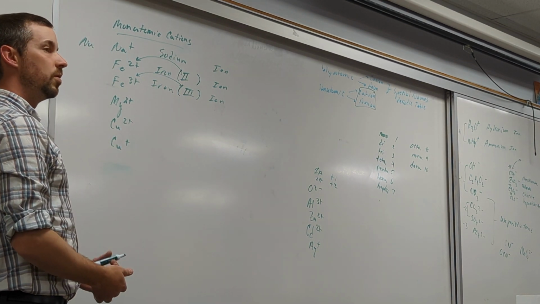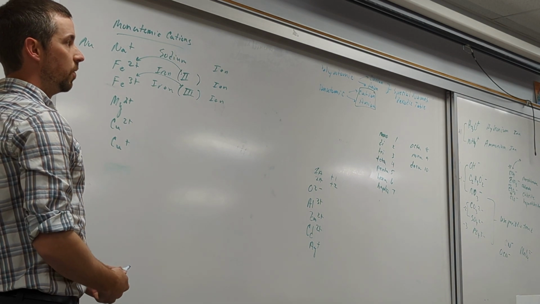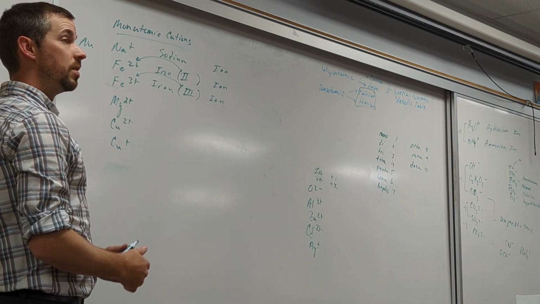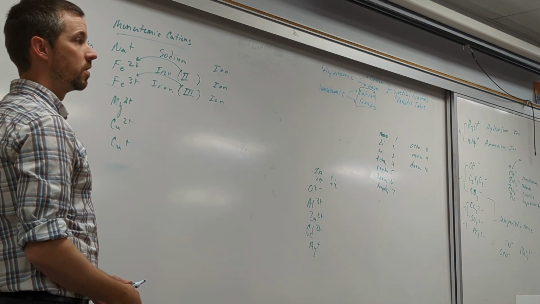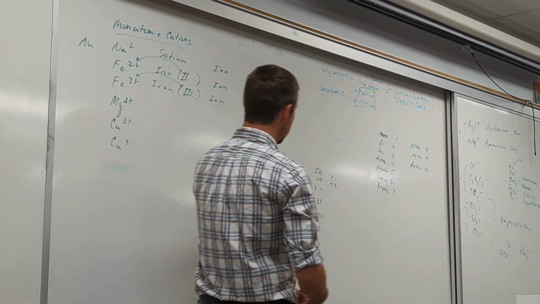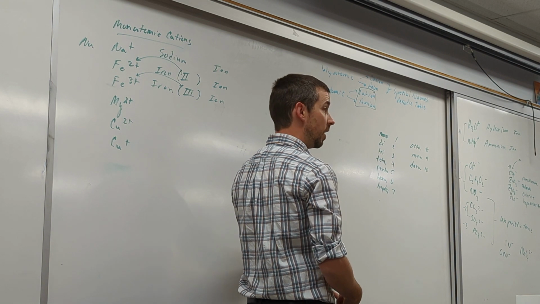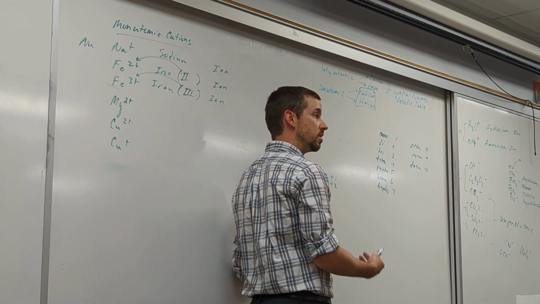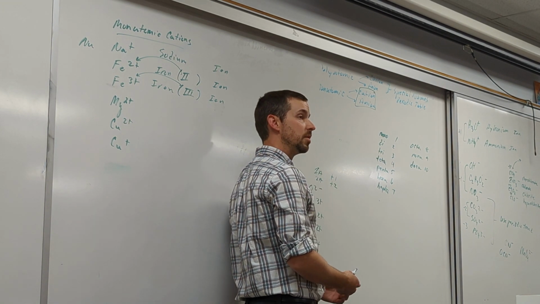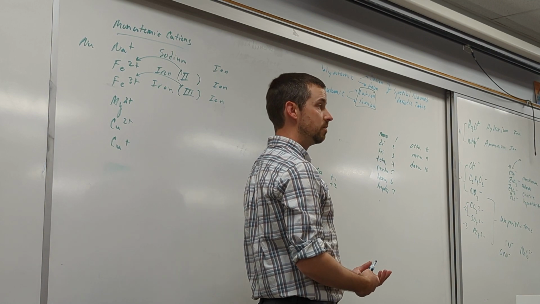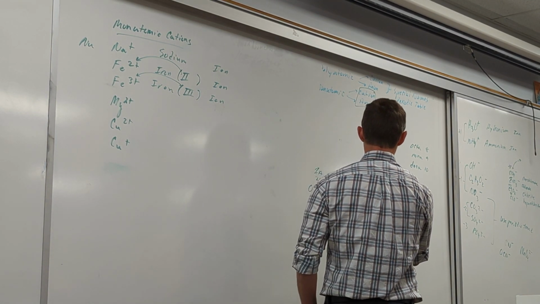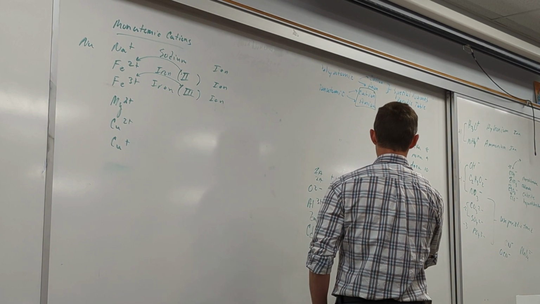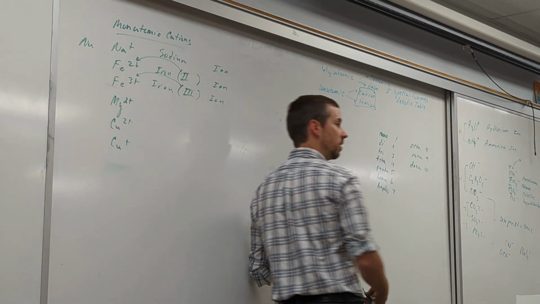How do you know when you need a Roman numeral or not? If you're in the transition metals, so not the main block elements, then you need to consider using a Roman numeral. These do not need Roman numerals. Why? Because they only have one oxidation state. So if you walk up to somebody and you say zinc ion, you don't need to say zinc 2 ion, because zinc is always a positive 2 charge, so there's no reason to put it in there.